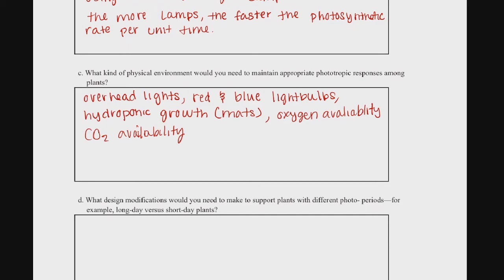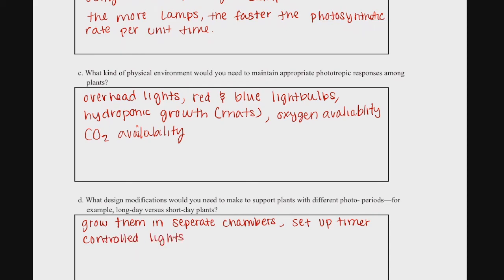If different plant species had different photoperiods, then what we could do is just grow them in separate chambers, and then set up timer controlled lights to regulate the number of hours of light a day.